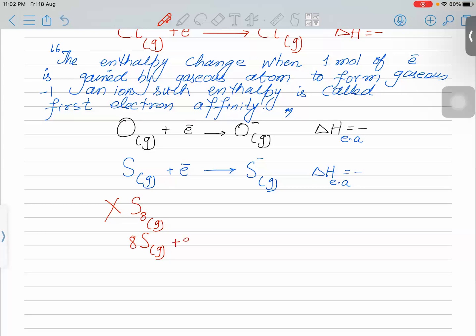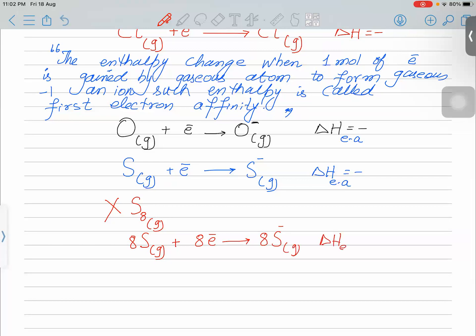So how many electrons are required? 8 electrons. Very good. It becomes 8S minus gaseous.